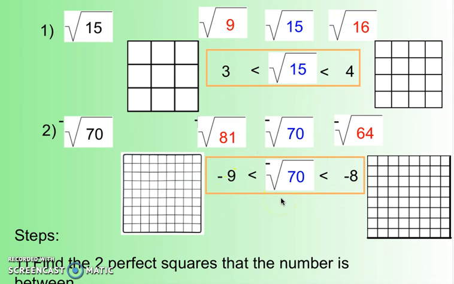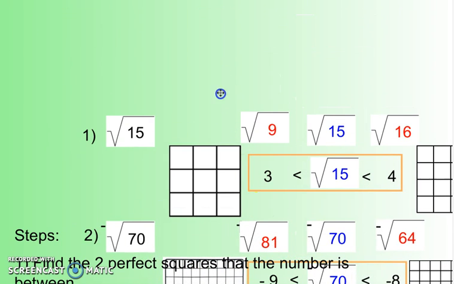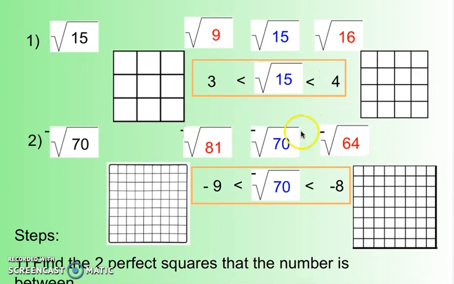Now, if the negatives are confusing, what I would recommend is, start off with square root of 70. You can look for the number that's smaller first. You could look for one of them first. And then notice, so we found the square root of 81 and it's 9.